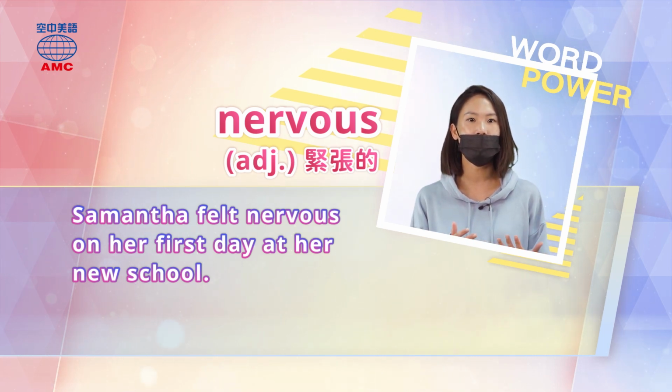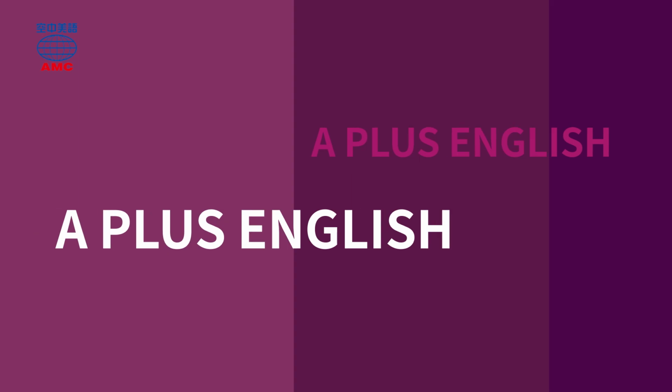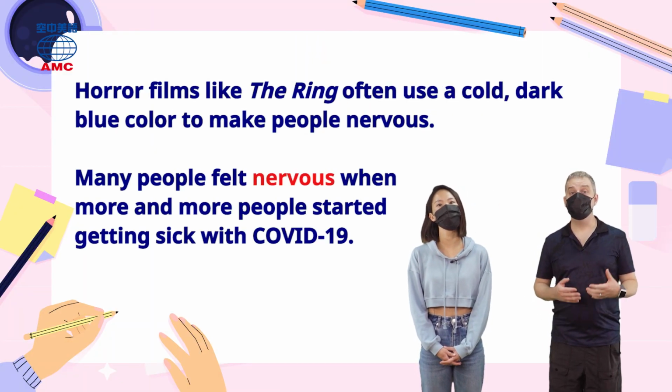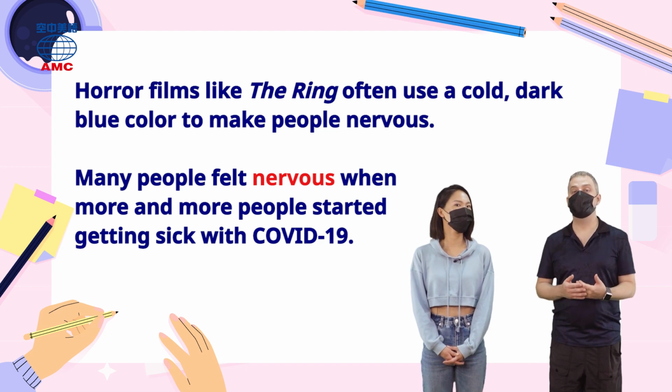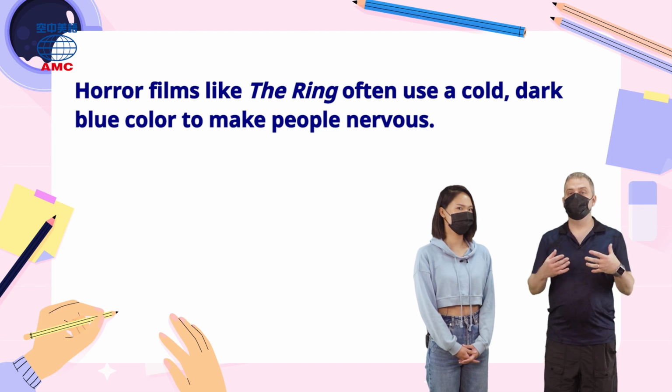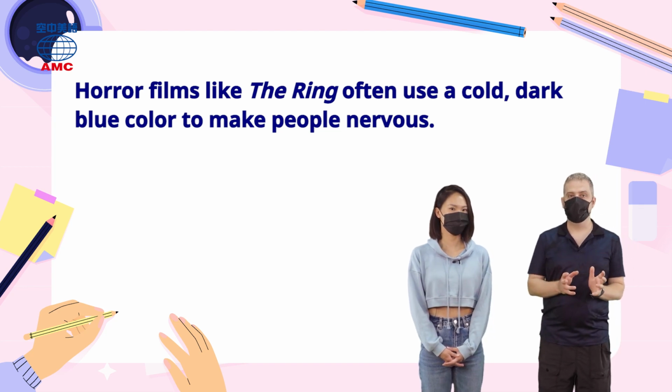Samantha 对于第一天到她的新学校上学感到紧张。We could also say many people felt nervous when more and more people started getting sick with COVID-19. Okay, so yeah, you've got horror movies with this cold, dark blue.